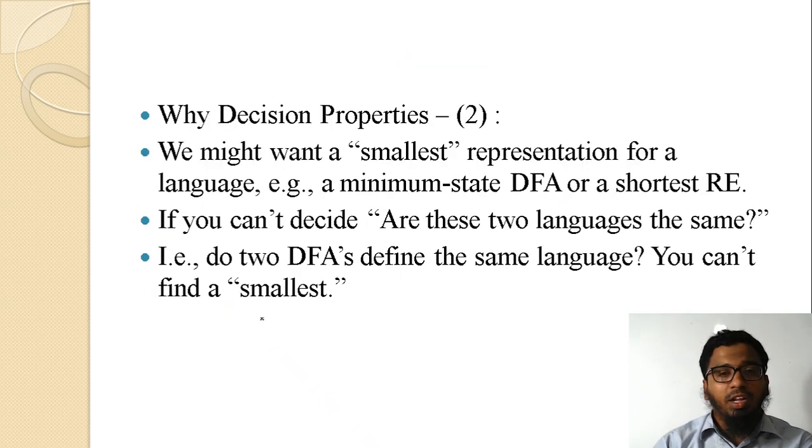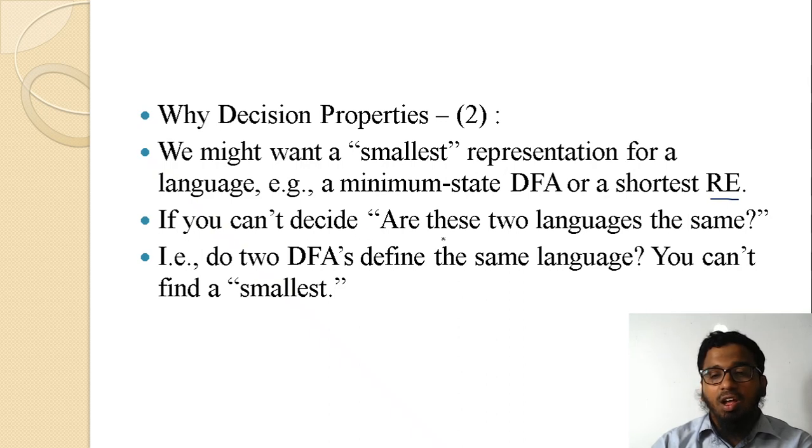So let's see the properties. First, we might want a smallest representation for a language, for example a minimum state DFA or a shortest regular expression. Like this minimization, I think you remember the minimization of DFA. If you did not know, just go to the previous video and see the minimization of DFA. In that we are taking the decision and solving the problem.